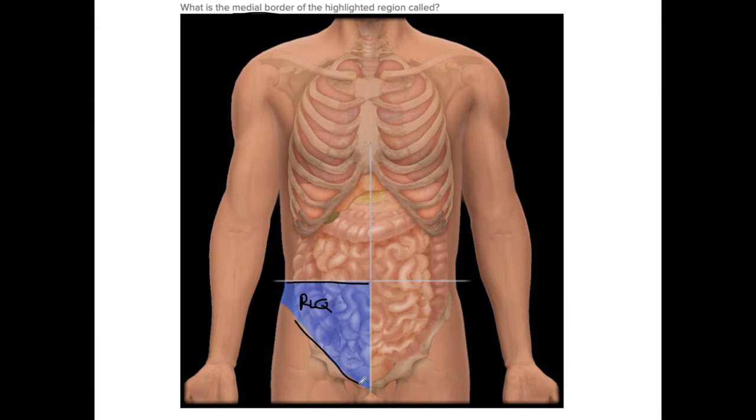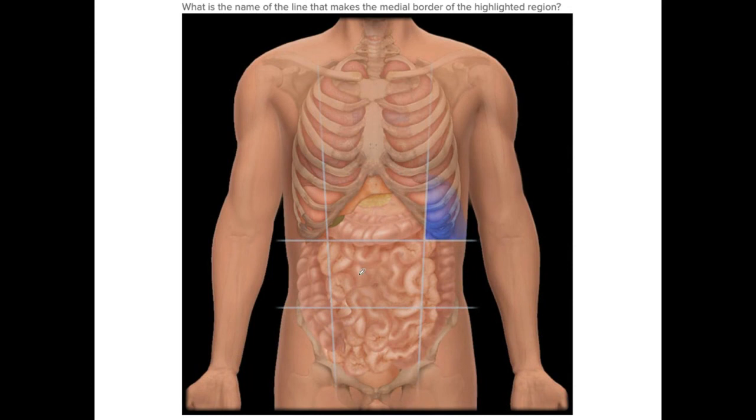Here's an inferior border. This is the medial border. And this one here is the lateral border. So what is the medial border called? Well, what is this line that's right down the center? That's going to be the sagittal plane or mid-sagittal.